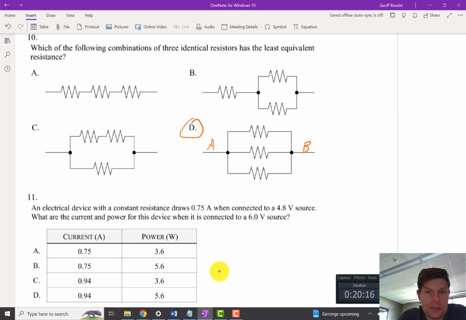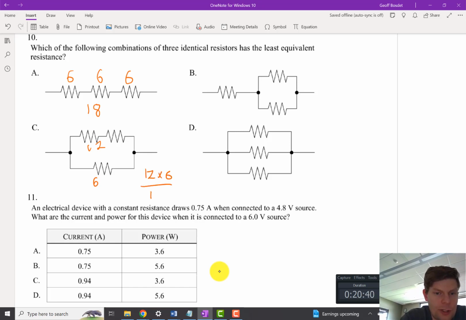Let's say I made each resistor with a value of 6. This would have a total resistance of 18. This would have a path of 12 and a path of 6, and then you'd have 12 times 6 over 12 plus 6, which is 72 divided by 18, equal to 4.